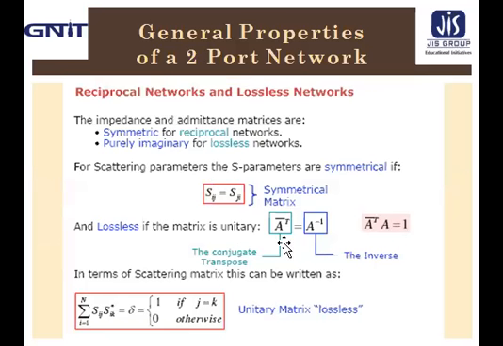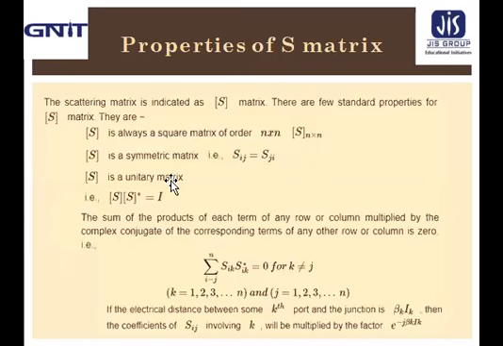That means the conjugate transpose of a matrix equals the inverse of the matrix, that is A to the power minus 1. From this we can write that the conjugate transpose of a matrix into A equals 1. That's also the property of a matrix which I have discussed, that S is a unitary matrix, S into S star equal to 1.